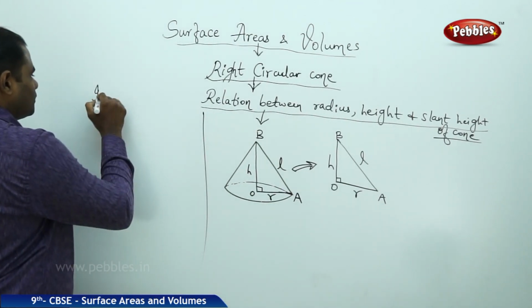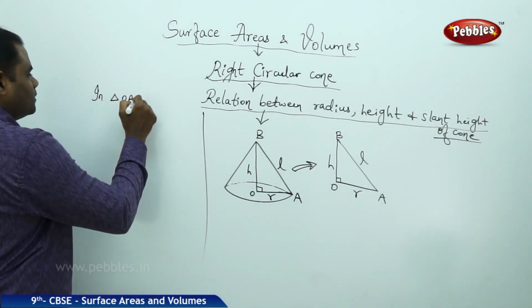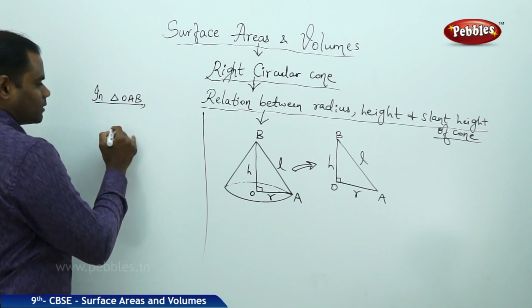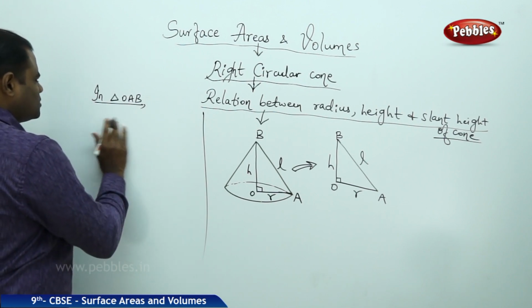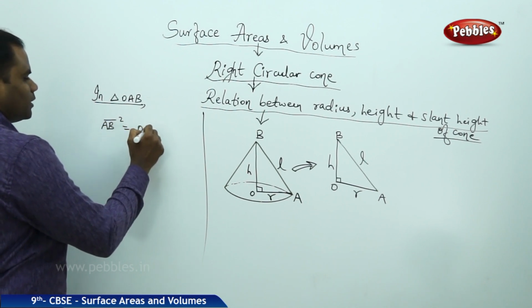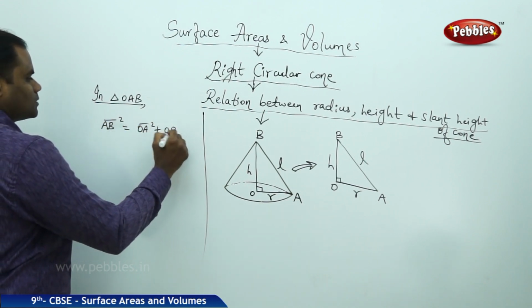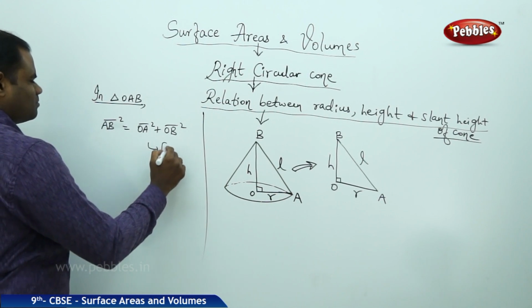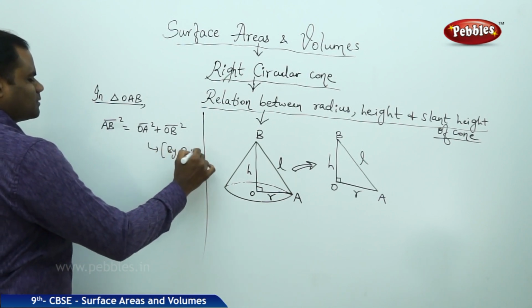So in the right angled triangle OAB, using the Pythagoras Theorem, AB squared, that is hypotenuse squared, is OA squared plus OB squared.